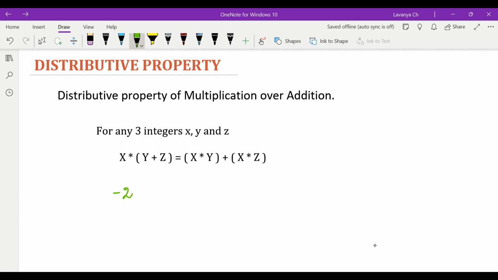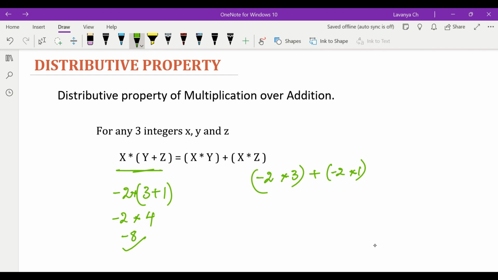I am taking the same values. So here it is multiplication and plus. Now when we do this, what happens? Negative 2 into 4, which is negative 8. So this part is resulting in negative 8 as answer. I am substituting the same values for x and y. X value is negative 2 into y is 3, plus x is negative 2 into 1.